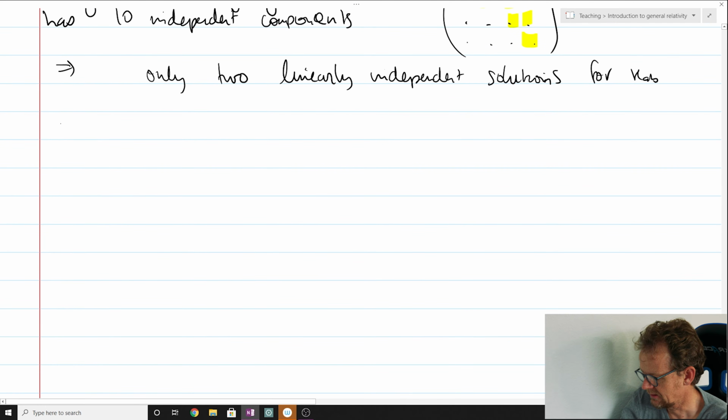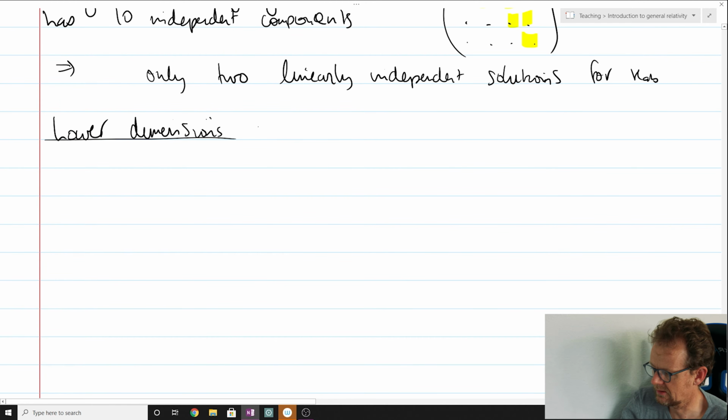It's worth digressing to just talk about lower dimensions. I think this is particularly interesting and highly relevant for investigations into quantum gravity at the current time. Does one have gravitational wave solutions in lower dimensions? Well, we can take a look at 2 plus 1 dimensions.